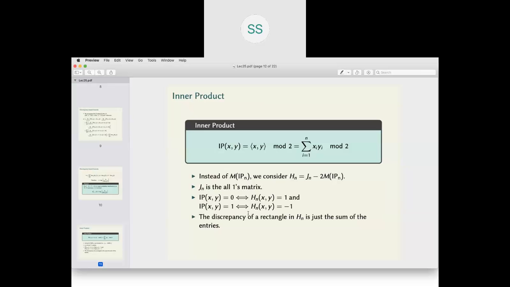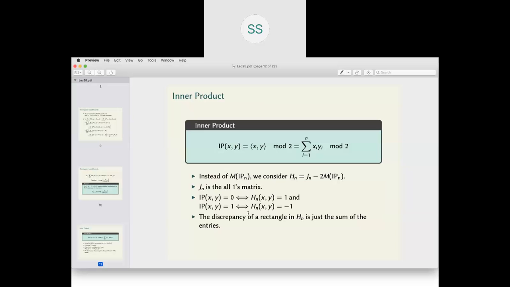And if the original entry was 1, the new entry is 1 minus twice 1, so it is 1 minus 2, which is minus 1. So all zeros become 1 and all 1s become minus 1, right? So instead of the 0, 1 matrix, we have a 1, minus 1 matrix, but the mapping is zeros go to 1 and 1 goes to minus 1, right?